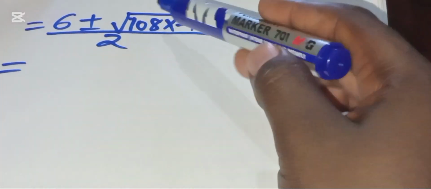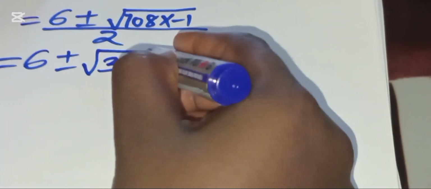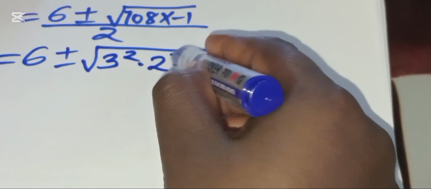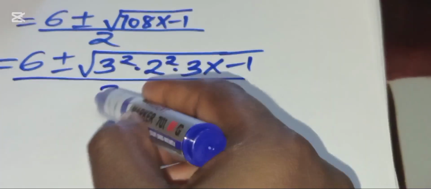Now we can express 108 as 3 squared multiplied by 2 squared multiplied by 3 multiplied by negative 1, all of this divided by 2.